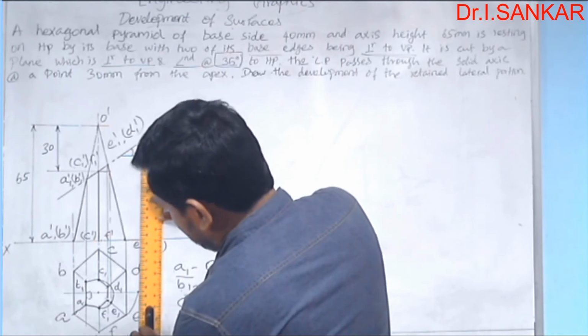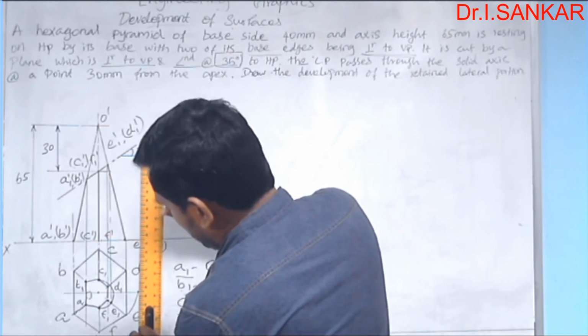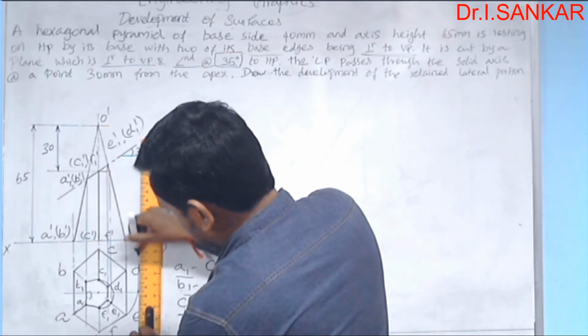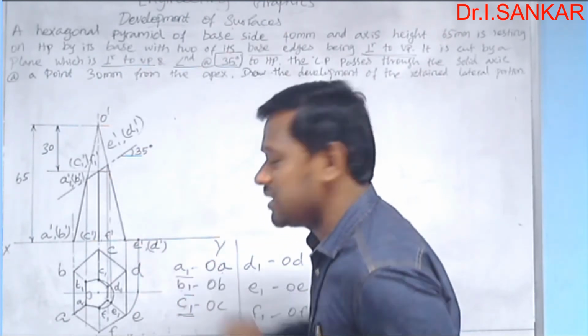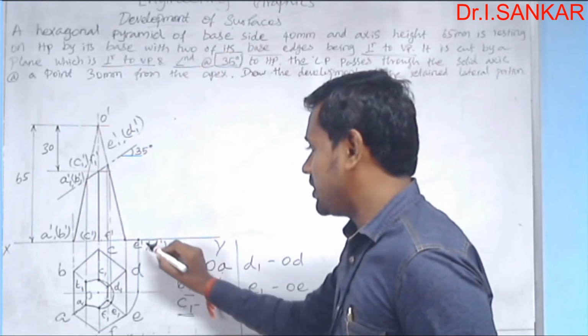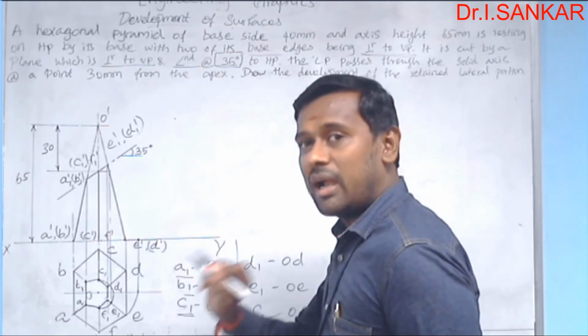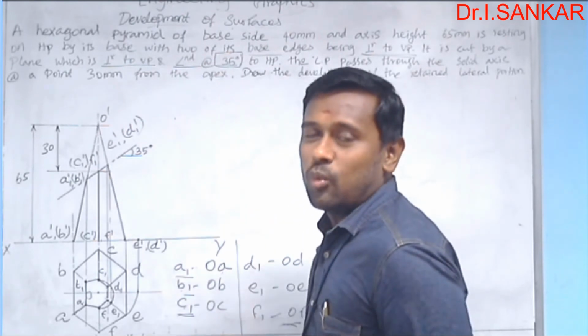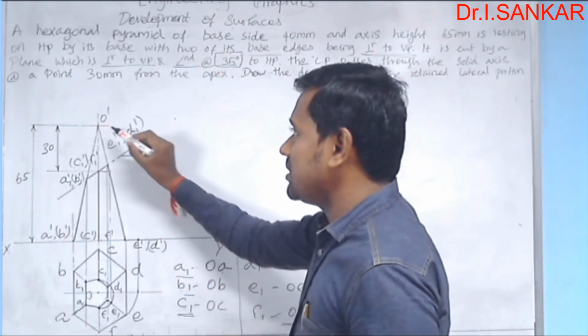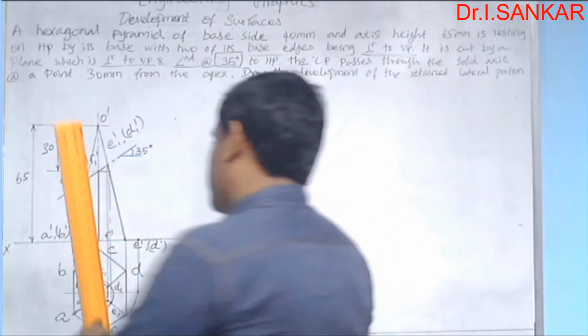Now draw a line perpendicular to the xy from that intersection point towards the xy line. See, on the xy line I am getting a point here. Now connect this new point and O dash. O dash is nothing but the apex point in the front view.